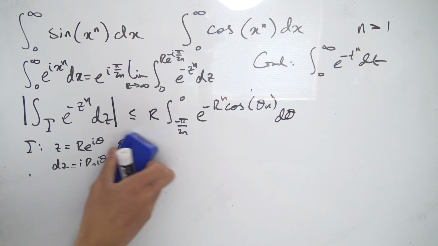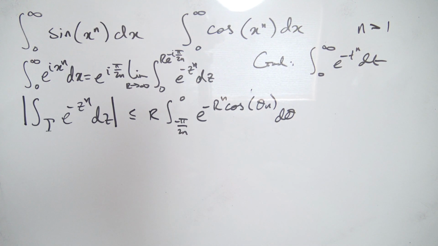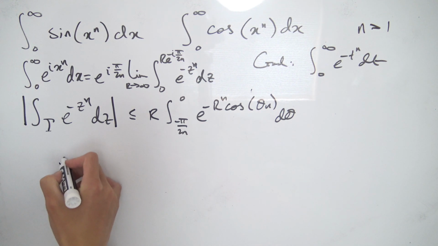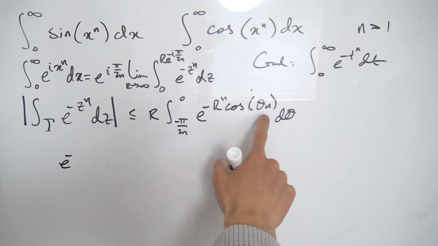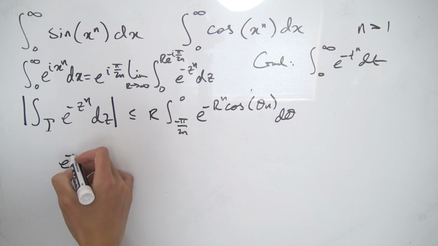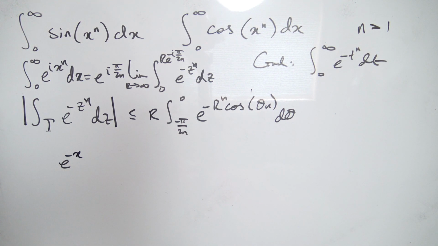Right, cool. And now, this is very hard to anti-differentiate, so we want to estimate this integral further. I want to in particular look at this exponential function. If we have e to the minus something, because the part in the exponent contains the variable, let's look at e to the minus x, for example. If you graph this function out, it's going to look something like this. So it's always decreasing.